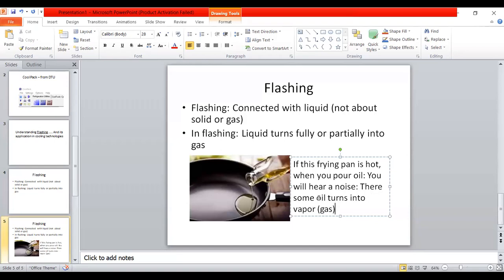Okay, the portion of some oil, a part of the oil, turns into vapor or gas.